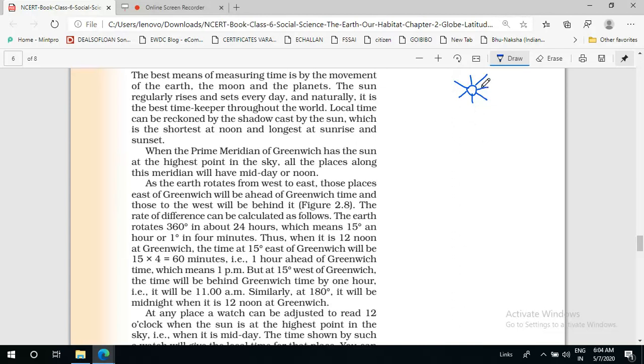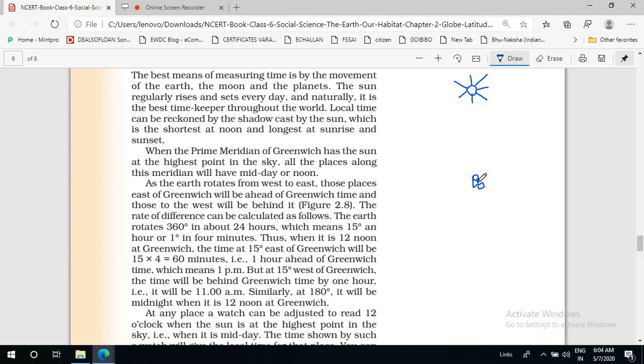Now, this sun is overhead. बिल्कुल हमारे बीच में है अभी सन का तो जो पोजीशन है वो क्या है, it is in the middle of the sky, and in this situation, anything which is lying under the sun will have the shortest shadow.